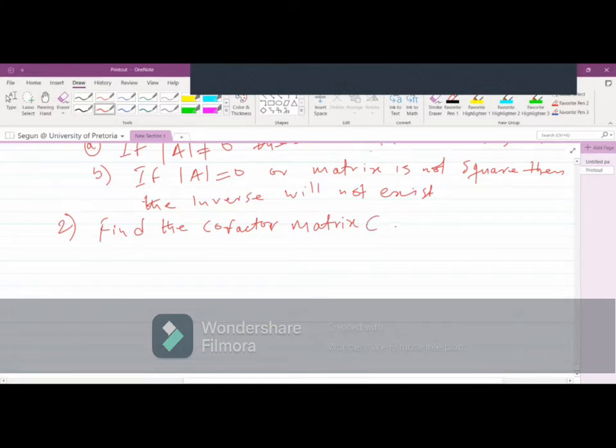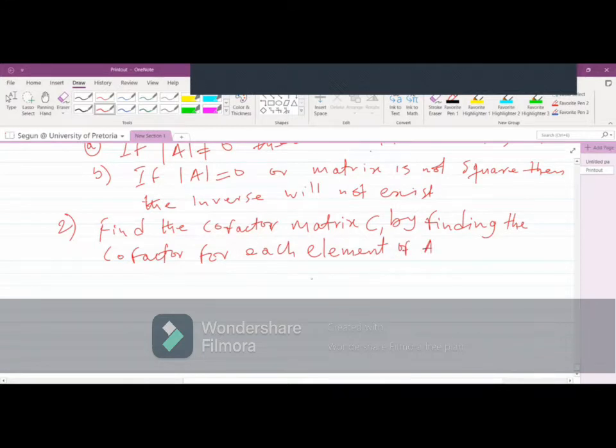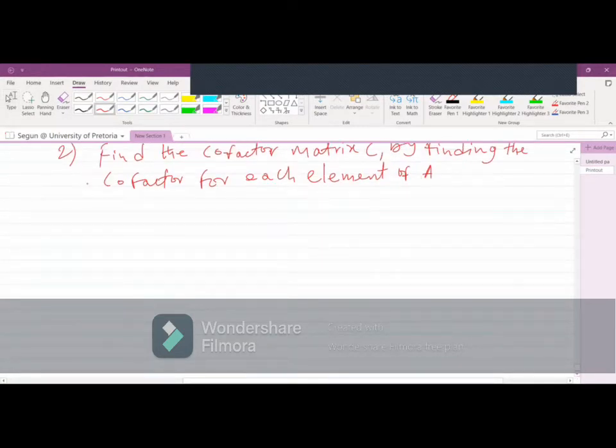Let's say matrix C, let's represent it by C, by finding the cofactor for each element of A. For each element of A.